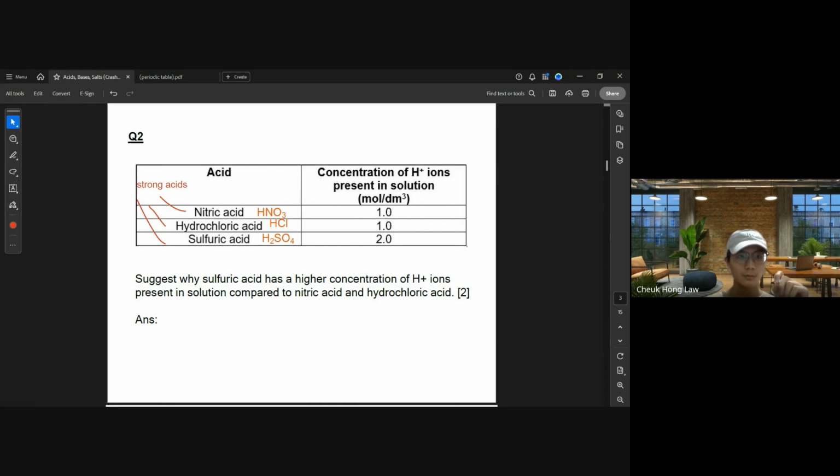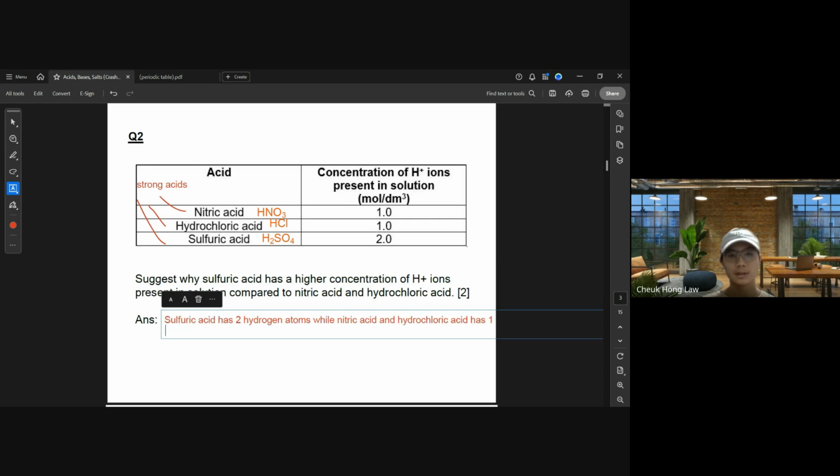So what happens is it will dissociate in water. All the acids here are strong, so all the acids will dissociate fully in water. But sulfuric acid, since it has 2 times the amount of hydrogen atoms, will dissociate in water to form double the concentration of hydrogen ions.